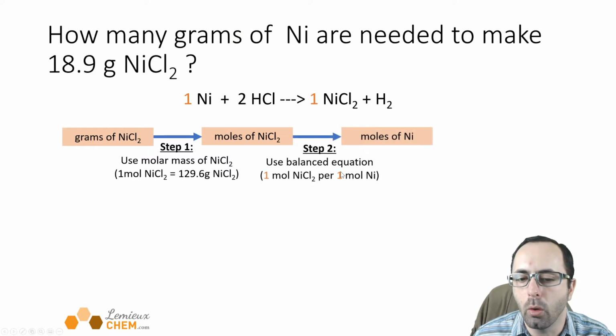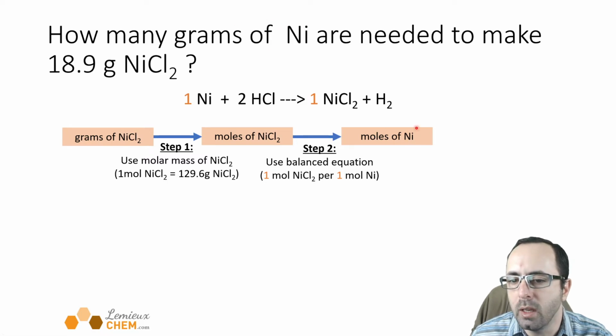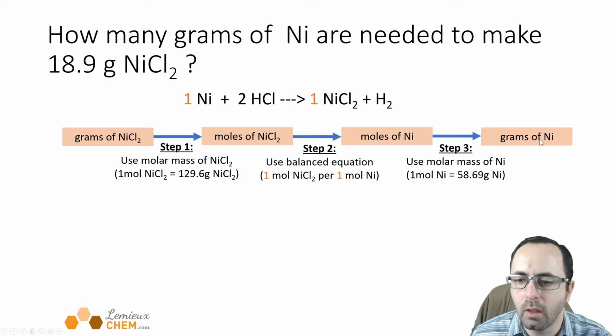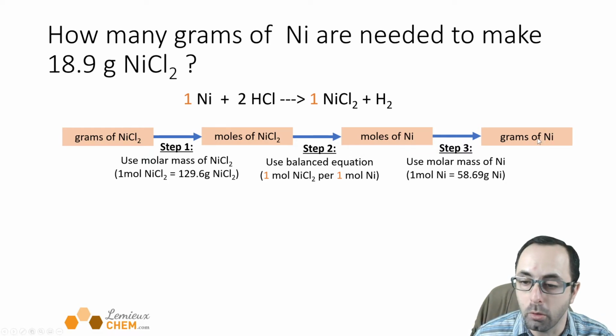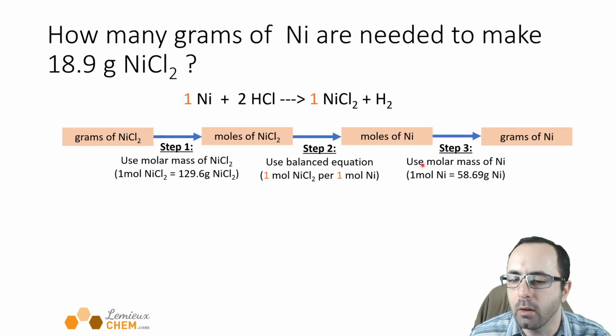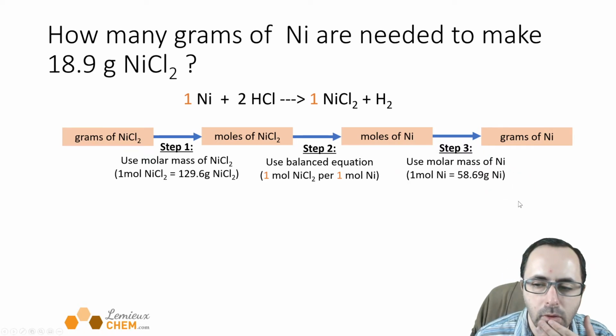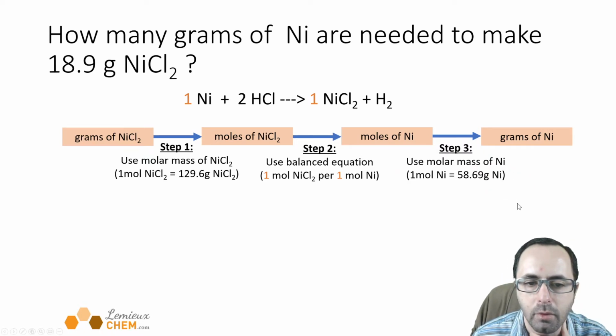And so we're going to use the balanced equation, which tells us 1 mole of nickel 2 chloride is produced from 1 mole of nickel. Finally, in the end, we're asked to get grams of nickel, so we need to convert moles of nickel to grams of nickel. That uses the molar mass of nickel, and so we have that here. 1 molar mass of nickel, 58.69 grams of nickel.